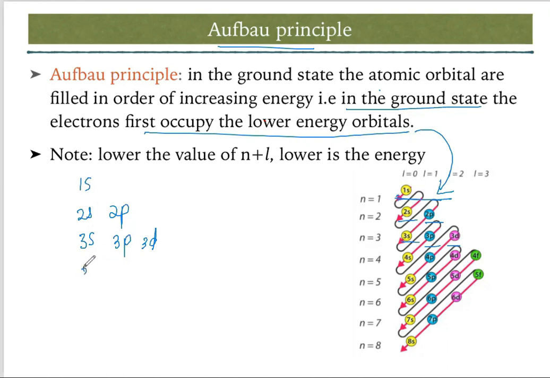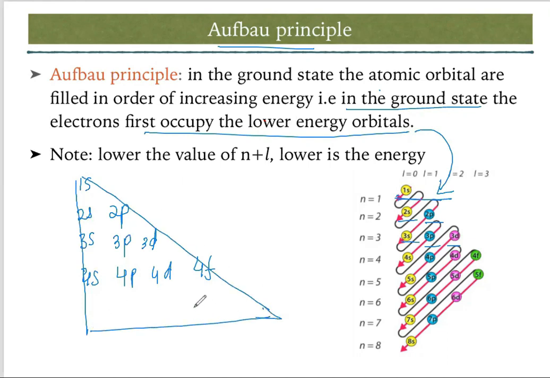After that you see 4s, 4p, 4d and 4f. As we already discussed, subshells are possible up to f. There are g subshells too, but that is not in our course. So everything you write in terms of one pyramid. This is the half pyramid, or you can say the right angle triangle. In this way we have to write.